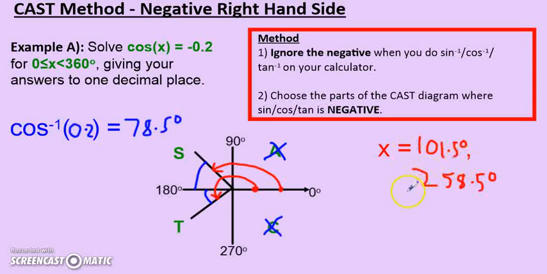And there are two answers. Notice that neither of them is actually 78.5. You get different answers because of the negative there. But if you follow this method, you get the right answers.